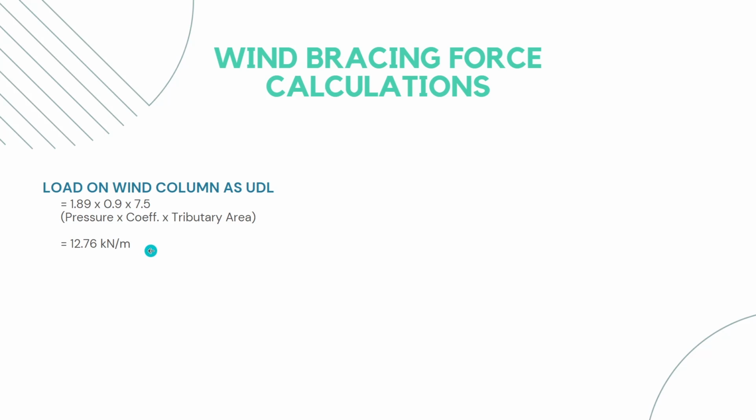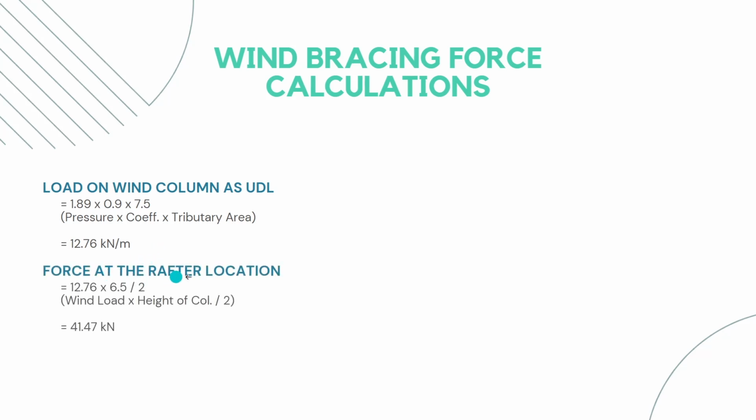In order to do that, we multiply this value by the length of the member and divide by 2. So, force at the rafter location is equal to 12.76 into 6.5, which is the height of the column, divided by 2, which equals 41.47 kN.